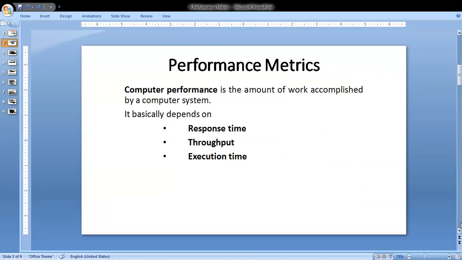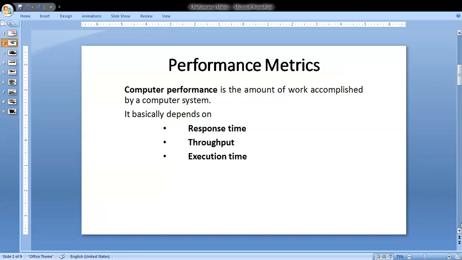So, what is performance metrics? Basically, not only for computers but for every system, we have to find the performance metrics in order to analyze how efficiently it is working. So computer performance is nothing but the amount of work accomplished by the computer system.